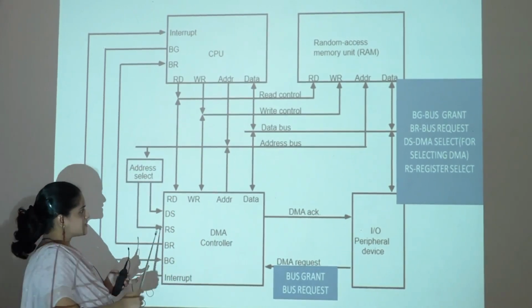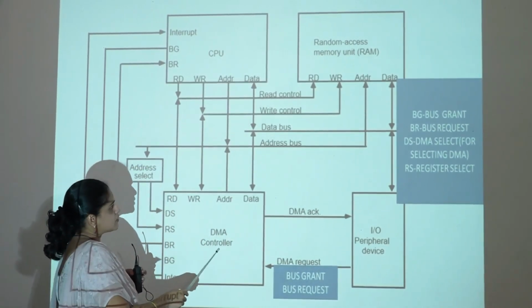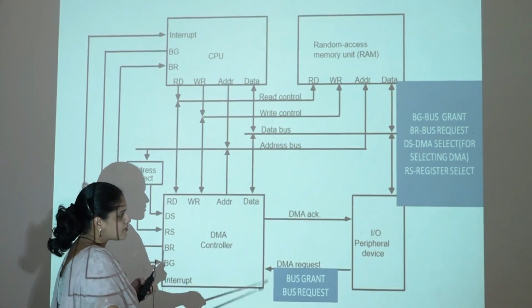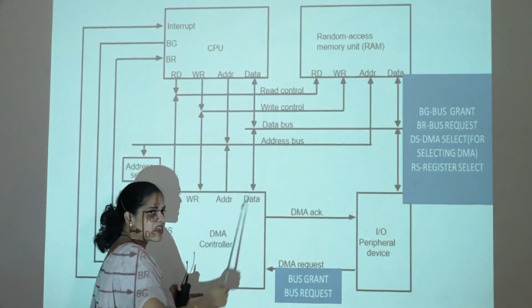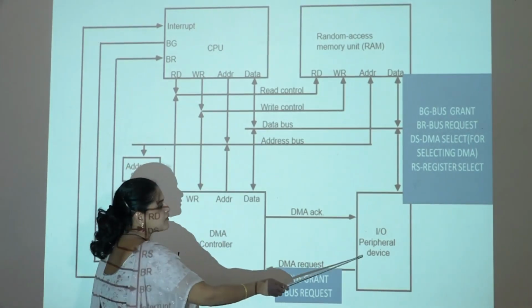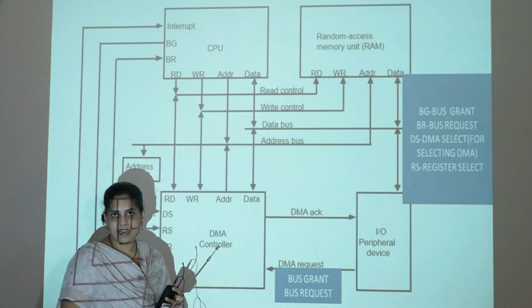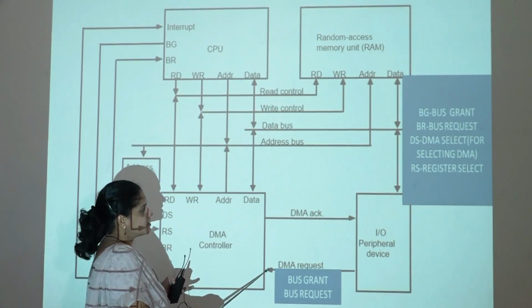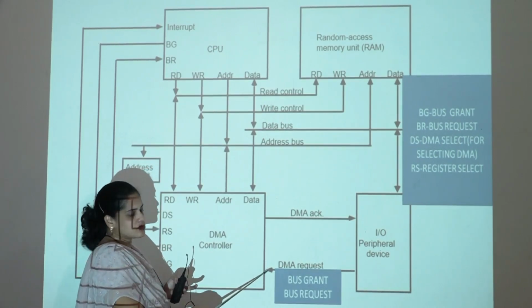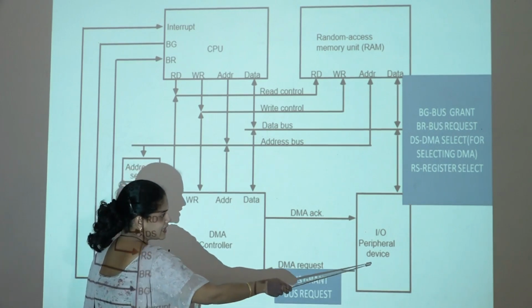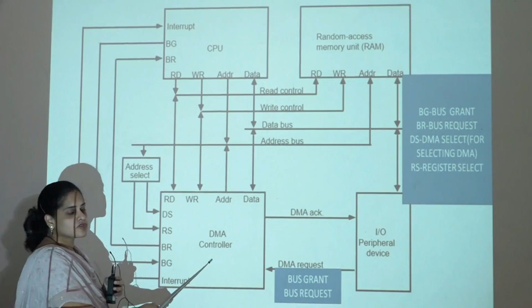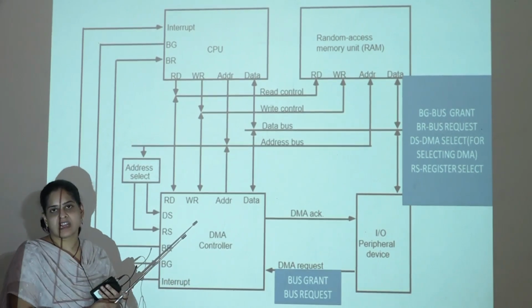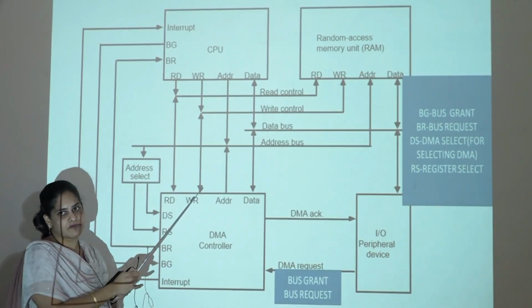So whenever there is information that has to be transferred from the input output device to the memory unit of a computer, the interface circuit of that particular peripheral device will send a request called a DMA request to the DMA controller.